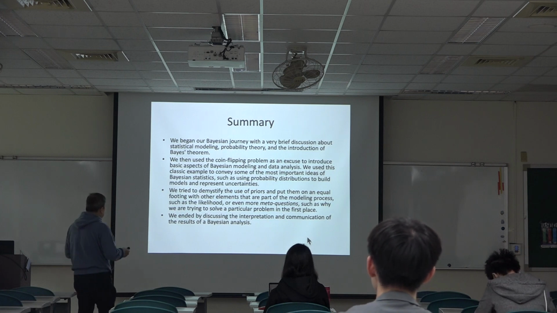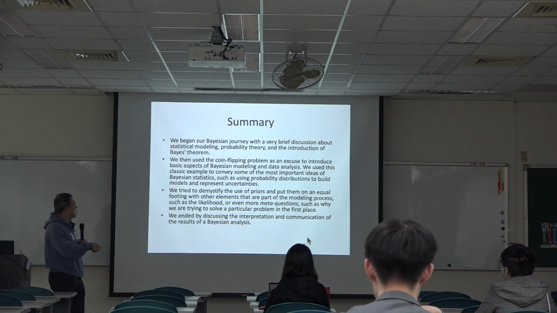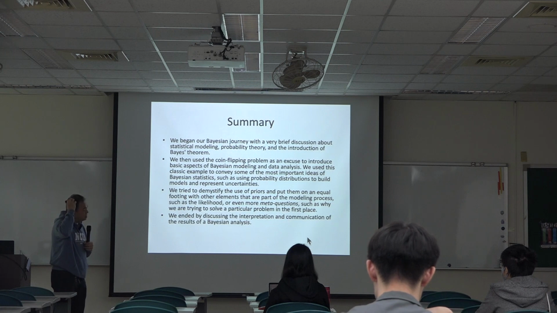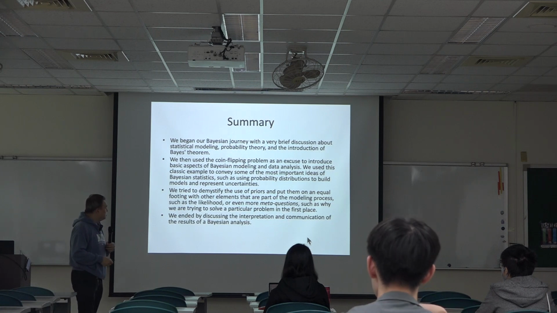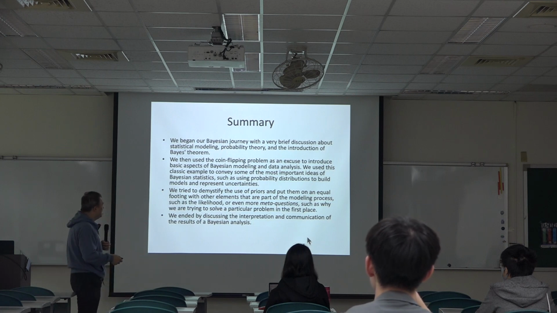Through those examples, we know the idea of Bayesian statistics, such as using probability distribution to build models and represent uncertainties. And then we talk about why the priors should be used. We shouldn't be afraid of using the prior, and we should put the prior on equal footing with other elements as part of the modeling process.